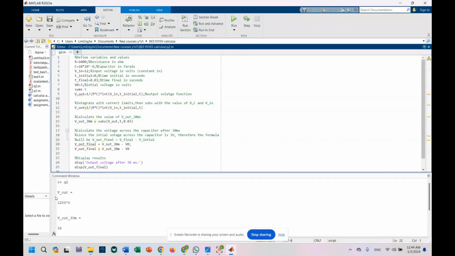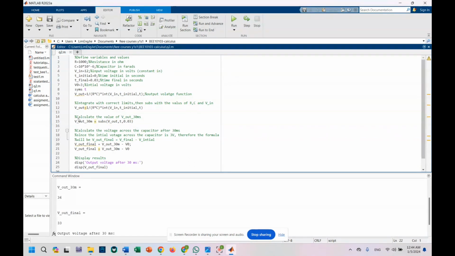This shows the integral result you get after running the process. This code does the integration by substitution with the values of R, C, and V in, and then it will integrate. The final result that will appear is 1200 times t.